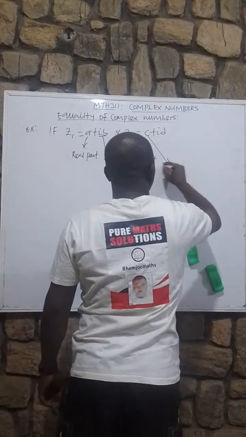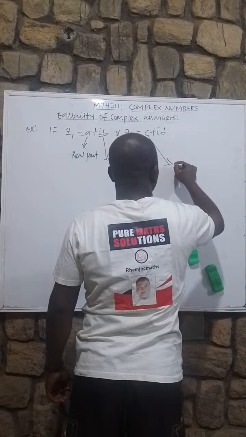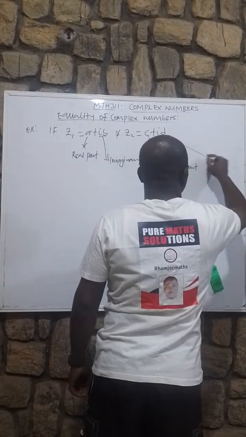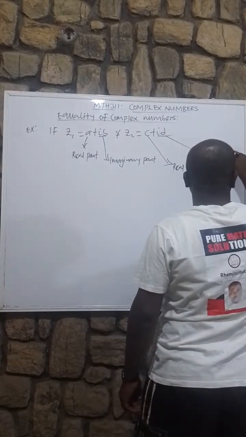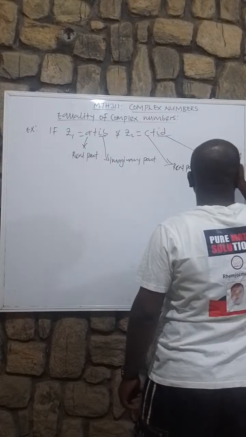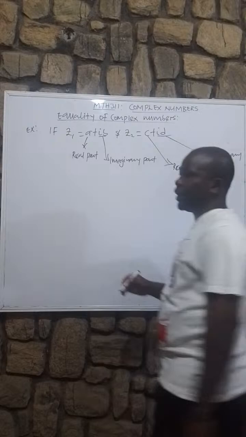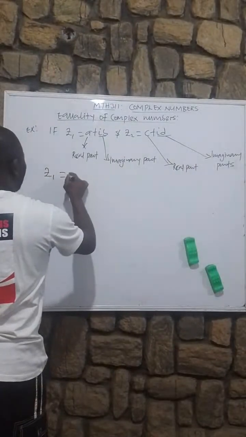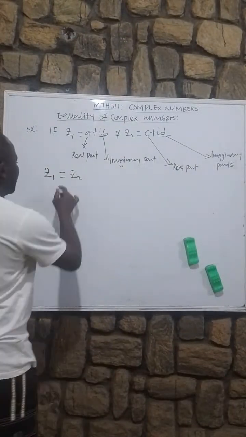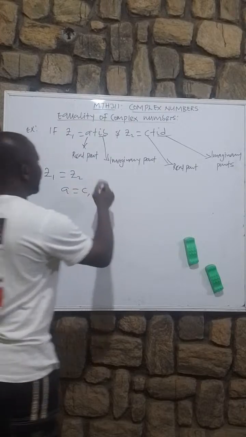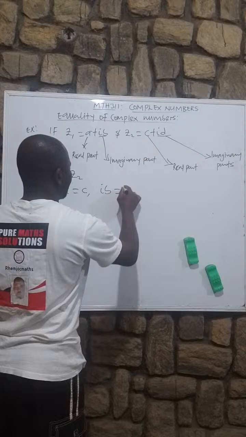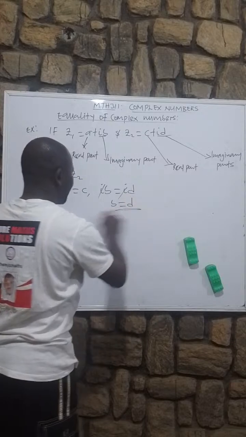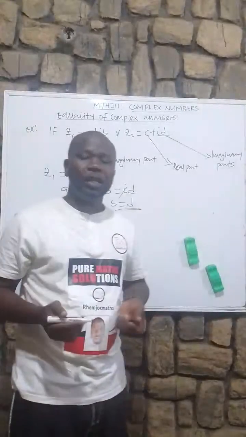Then Z2 also contains real parts and imaginary parts. True or false? It's true. So it implies that Z1 is equal to Z2. That is, A equals C, then IB equals ID, which we cancel I to give us B equals D. So they are equal complex numbers.